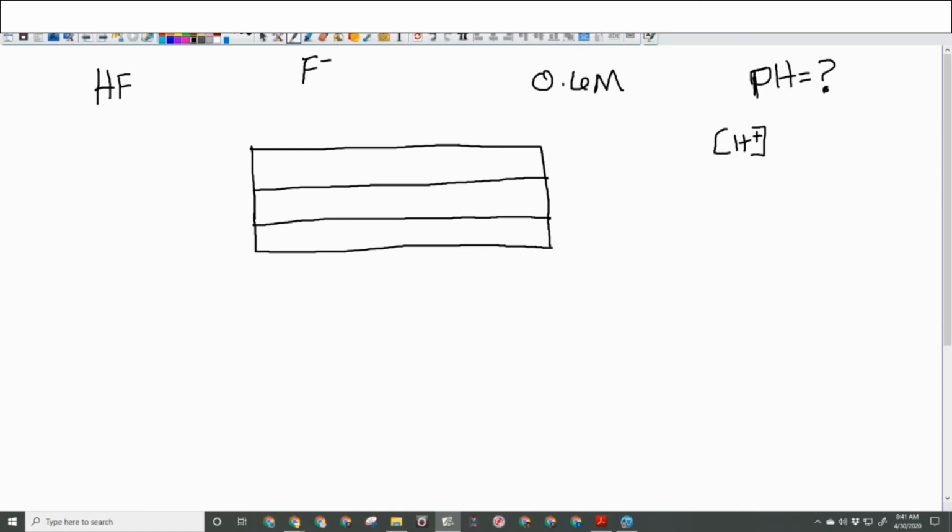So if you think about what equation you can make with hydrofluoric acid, you have HF yields H plus F minus, right? And if you just take and rearrange this, you can get F.